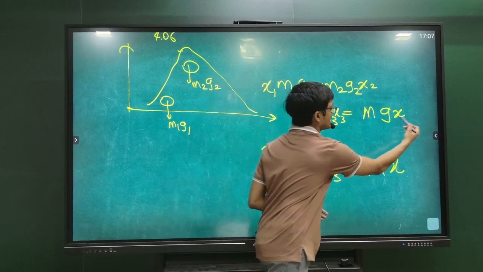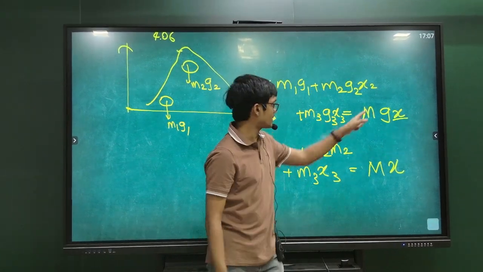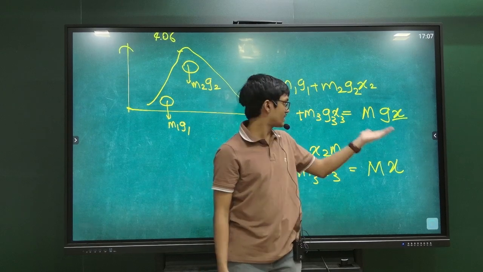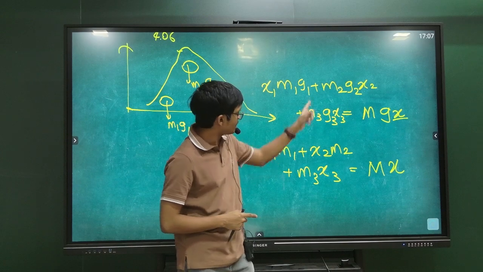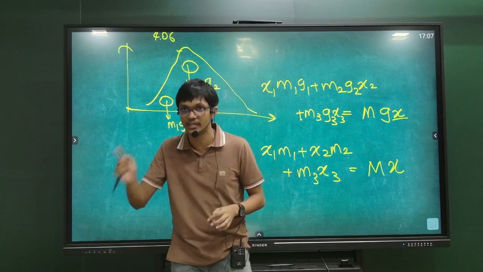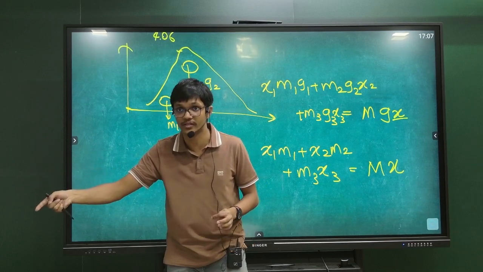Here you can find X, that is center of mass. Why are you considering G? To get the center of gravity. Here you write the same equation without considering G. Then you get the center of mass.